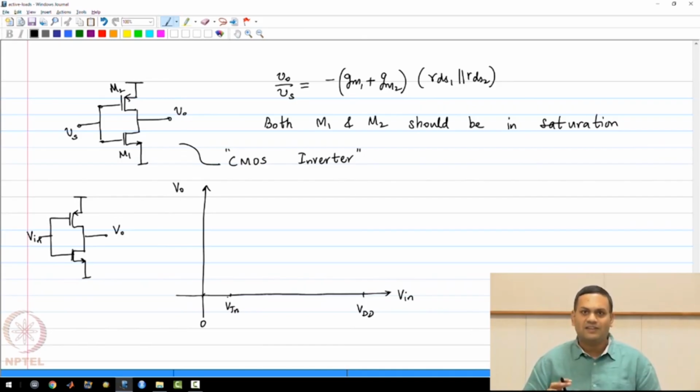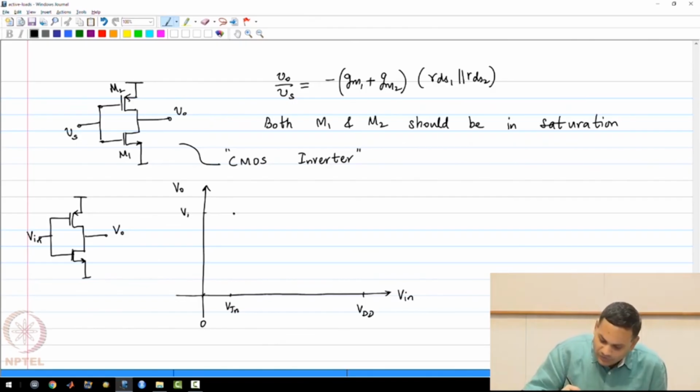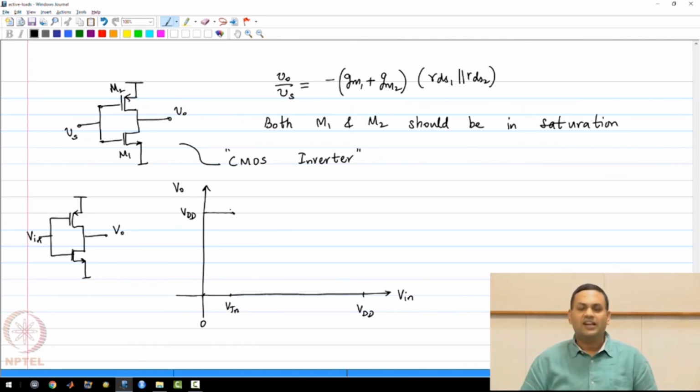However, the source-gate voltage for the PMOS transistor is very large, so the only way this can happen is if the source-drain voltage of the PMOS transistor is almost 0. So until the NMOS transistor turns on, the output voltage will remain at VDD. There is no current through the circuit, so the output voltage cannot change, and the drain-source voltage for the PMOS transistor is clearly 0. It is VDD minus Vo.